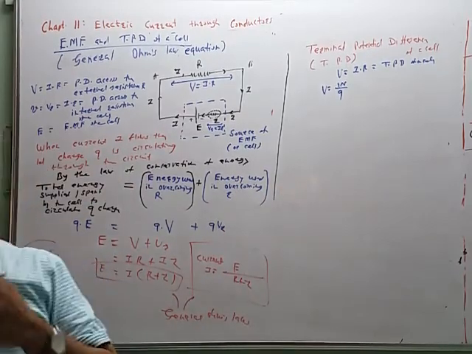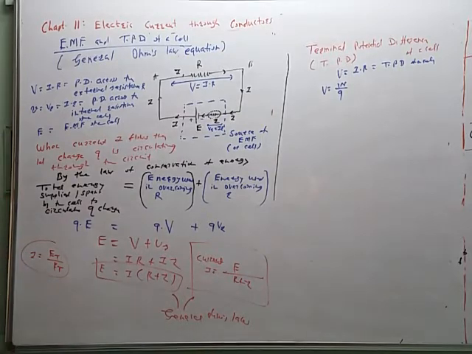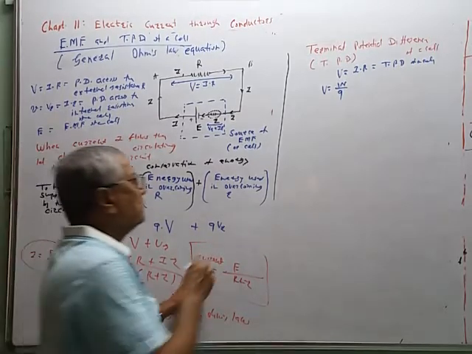It is the energy spent by the source of EMF or cell in circulating the unit positive charge through external resistance only.